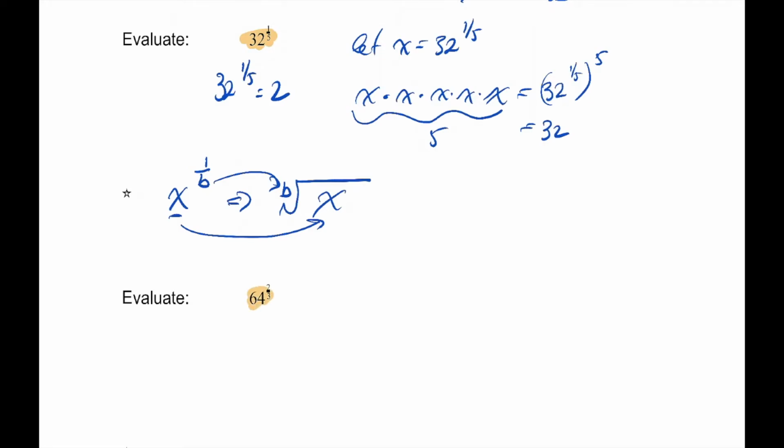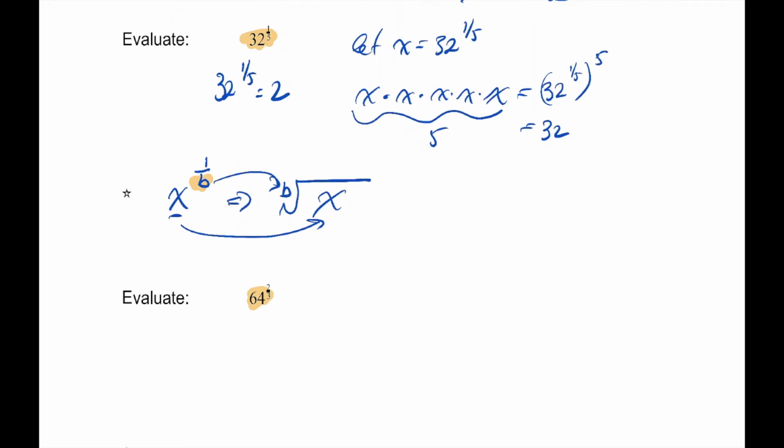Our next example is a little bit different. We have 64 to the power 2/3. Again, the idea of a rational exponent, or exponent as a fraction, throws us off a little bit. We have an idea what's happening with the denominator: when we have a denominator of b, we're going to multiply that number, whatever the answer is, b times by itself to get x.